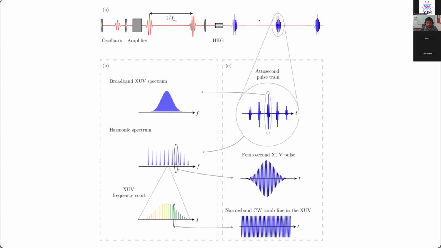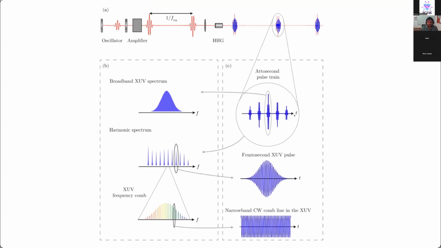Do some sort of modification on your pulse along the way. You could generate either one XUV pulse or many XUV pulses. If you can generate just one, this is called an isolated attosecond pulse. That was a challenge in the initial days.